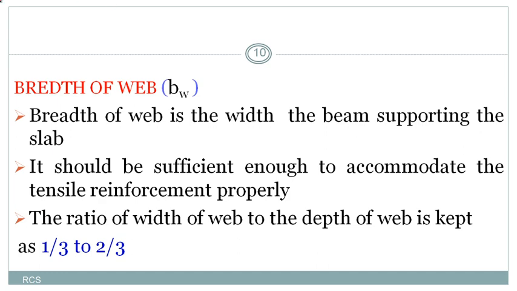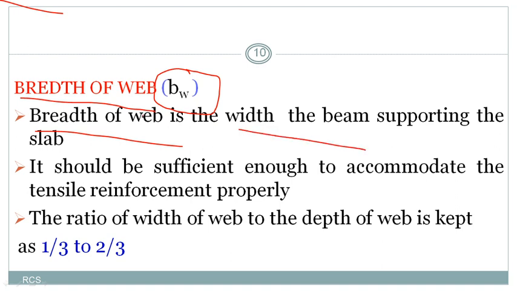Similarly, another component we have is the width of the web, designated with bw. Right, width of the web is the width of the beam supporting the slab. So in a T-beam, this is bw. This width of the beam is supporting this slab.